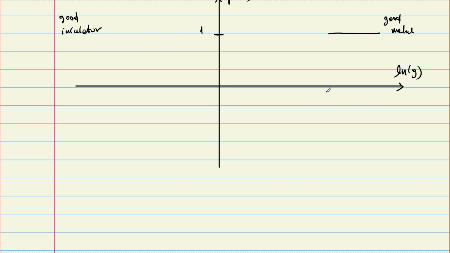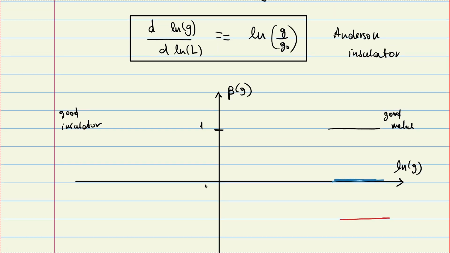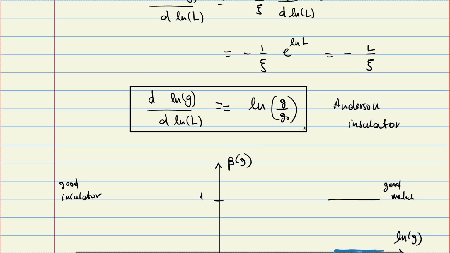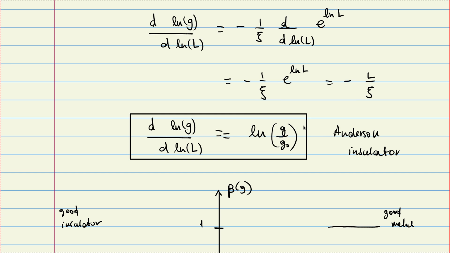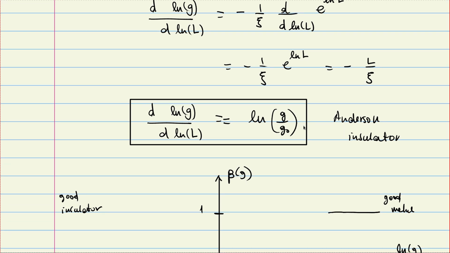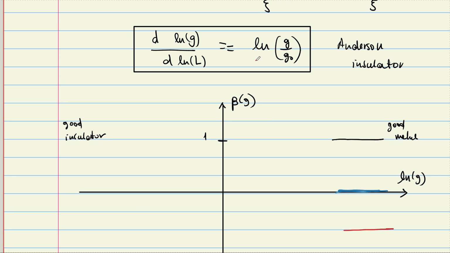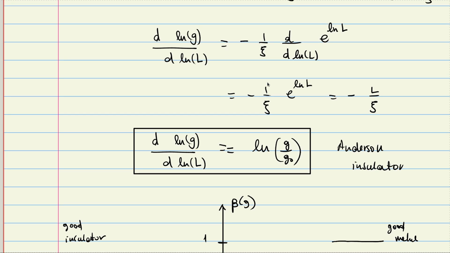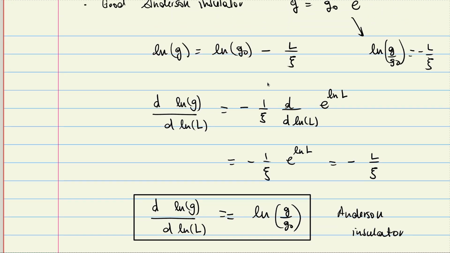If we are in 2D, we are going to be starting from here. And if we are in 1D, we are going to be starting from minus 1, like that. And in the good insulator case, this goes proportional to ln g, right? And I think, did I forget a minus sign here?